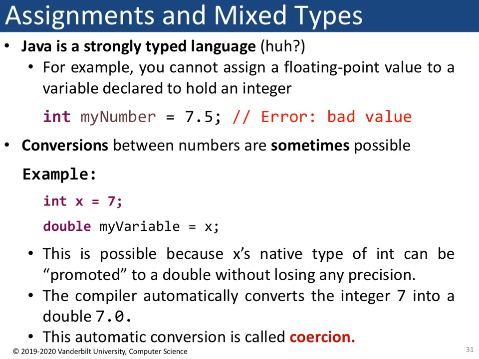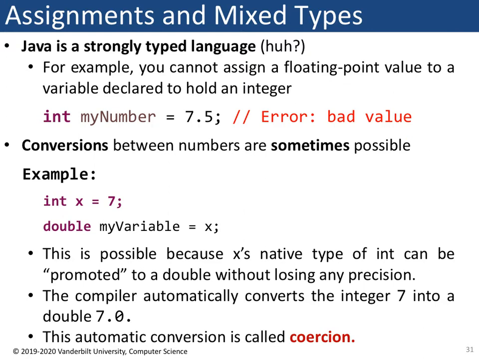Well, hold on. 7.5 is not an integer. 7.5 is a real. So for this reason, we're going to have a compiler fault, so it's going to throw a syntax error, and it's going to say you can't assign a real to an integer, error bad value.